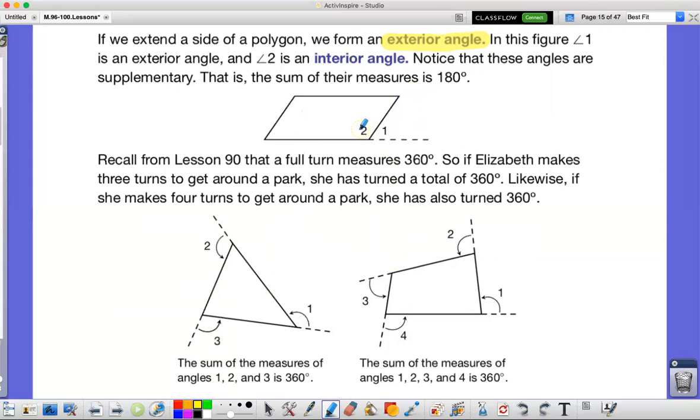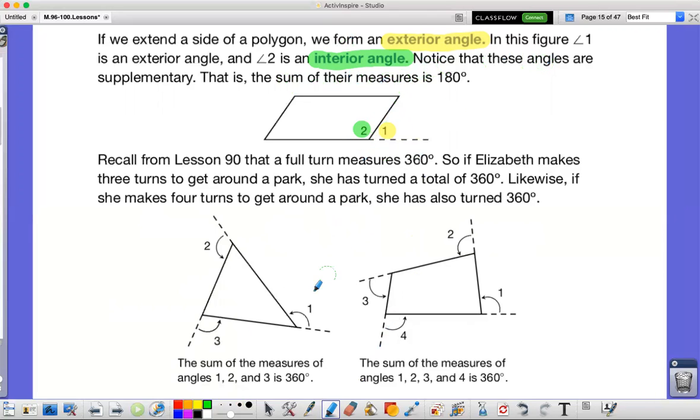This would be the interior angle, and this would be an external angle. So keep that in mind. So the external angle is that one, and then let me use a different color here for our interior angles, which would be those. So exterior angles are on the outside, interior angles on the inside.